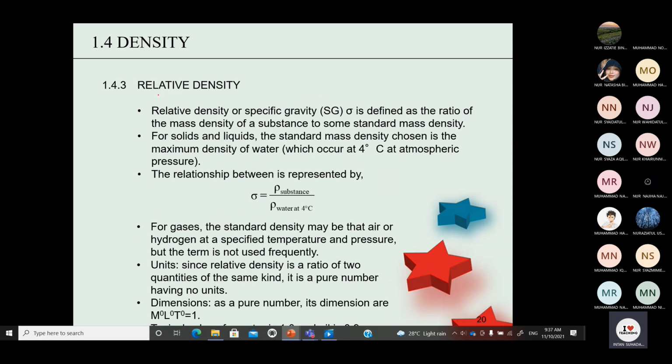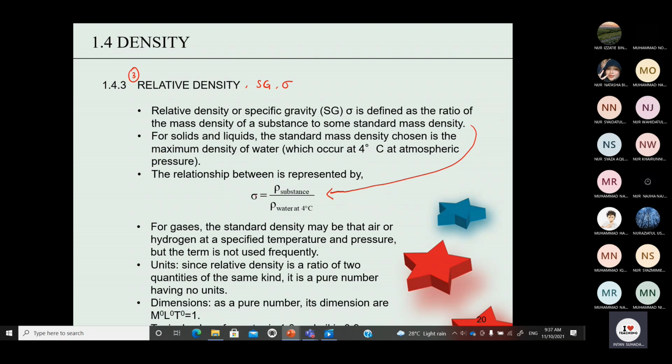Next we move to the third type of density, which is relative density, or we call it SG, specific gravity. It is defined as the ratio of the mass density of a substance to some standard mass density.